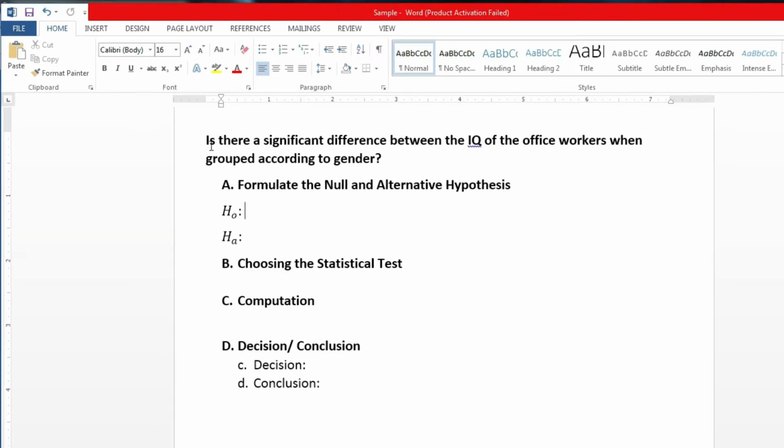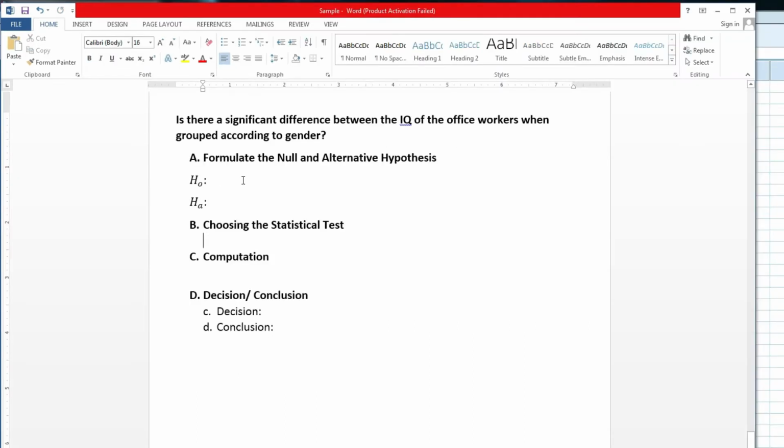We know from our previous lesson that we cannot just apply a given statistical test without testing if the data is normal. Let's start first with the formulation of the null and alternative hypothesis.